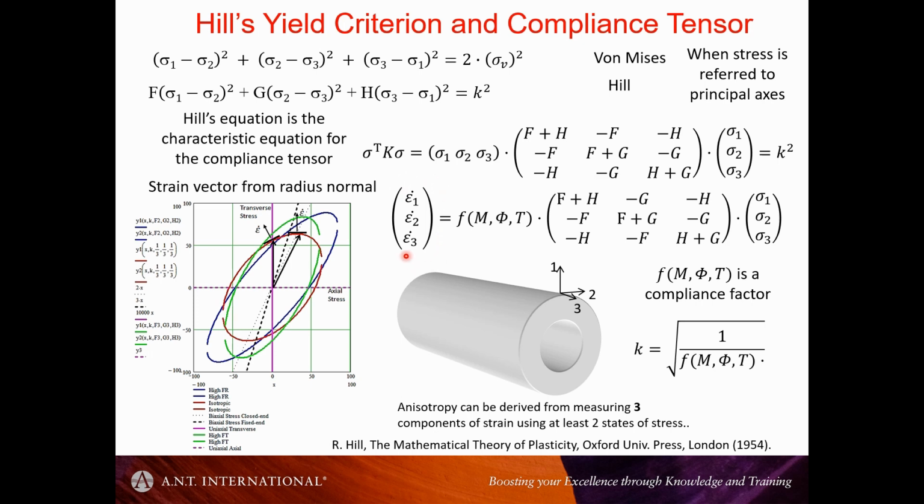So the vector, which is normal to the surface where the stress locus intersects the surface, the direction of that vector is the same as the ratio of these strain rates. So although the magnitude might vary depending on what this factor is, the direction of the strain, or the components of the difference of these in the strain rates in different directions, can be deduced simply from the radius normal property.